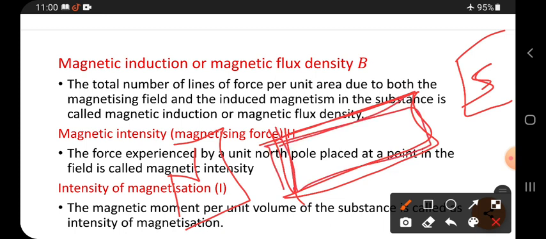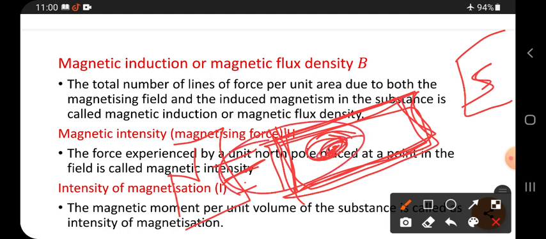If you observe one unit area, it is magnetized for two reasons: one because of the applied field, and the other because of the induced effect of this field, meaning because of this field it can gain its own magnetic field. Including these two things per unit area is called magnetic flux density.